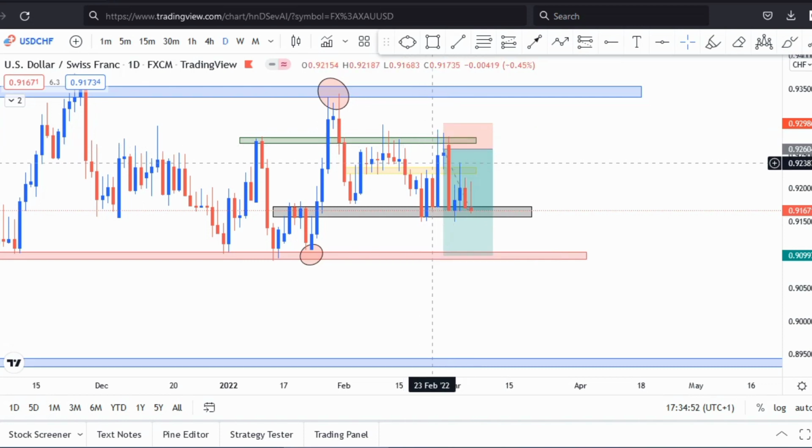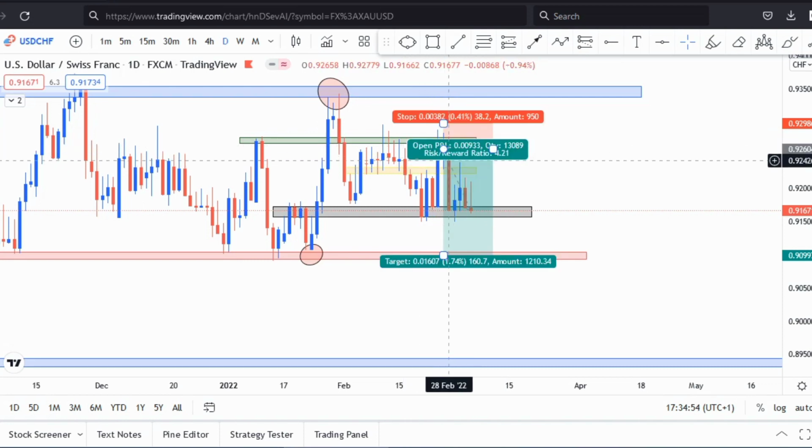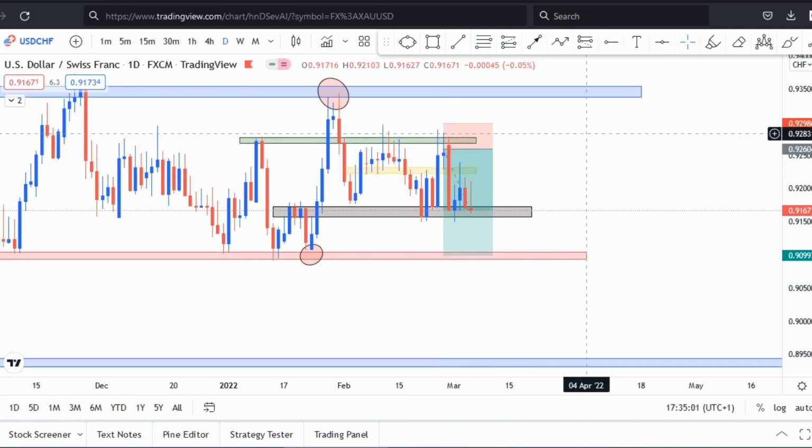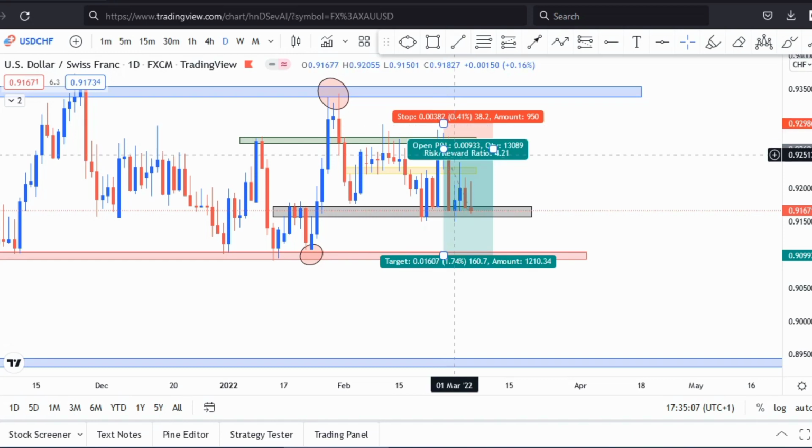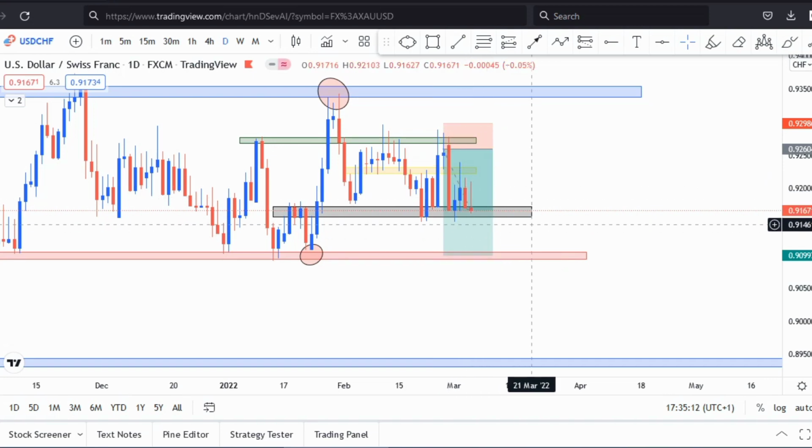And now, given these three candlestick patterns, 1, 2, and 3, that's this bullish candle, this doji, and this bearish candle, that is an evening star, which is indicative of a sell signal as well. Also note that this candle here is a bearish engulfing candle, which for me is more indicative of a sell again.